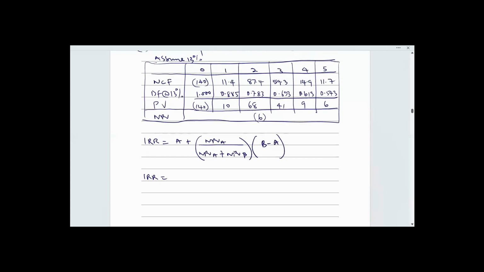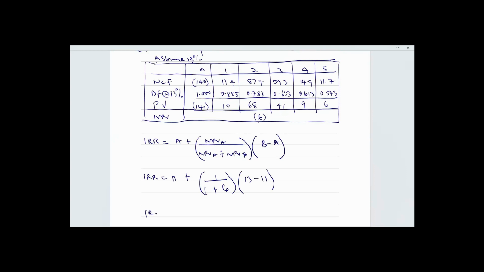So 11 is lower. So 11 plus NPV of 11, which is 1, divided by NPV of 11, 1, plus NPV of higher, which is 6, multiplied by higher of 13 minus lower of 11.